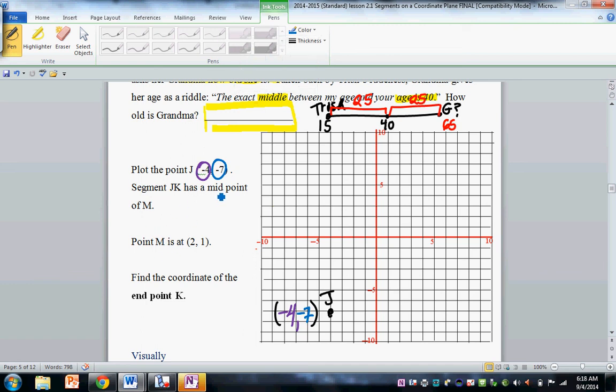And a segment JK has a midpoint of M. So M is sitting at 2, 1. And M is a midpoint.